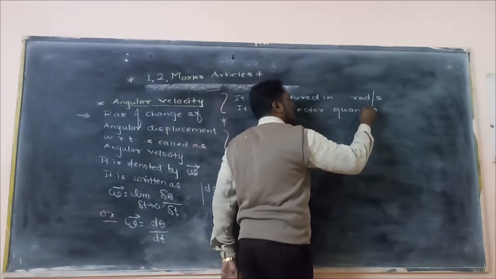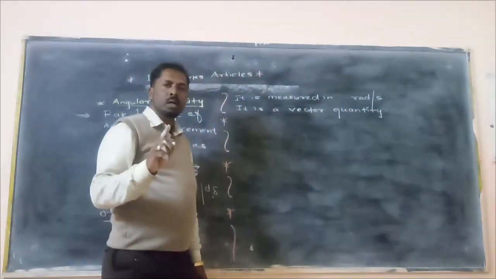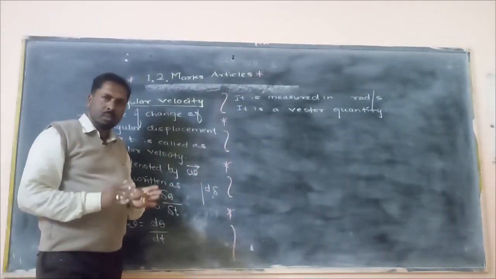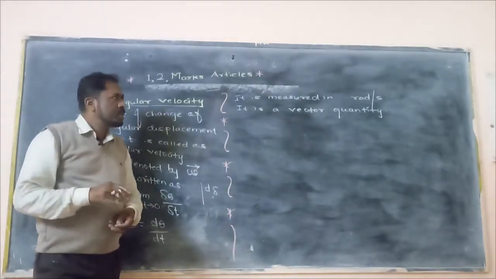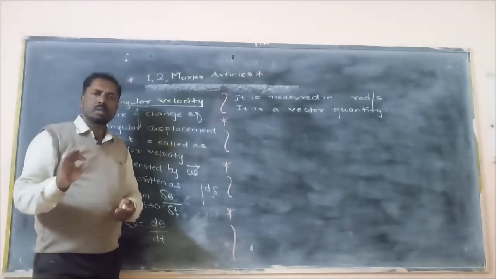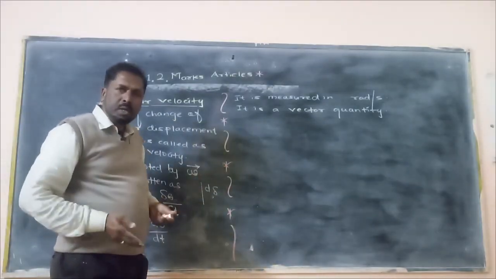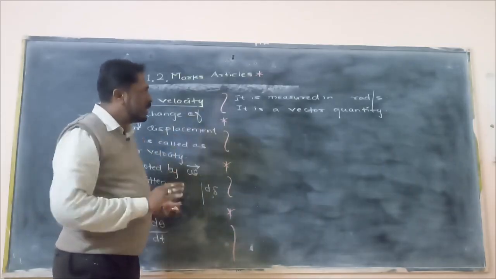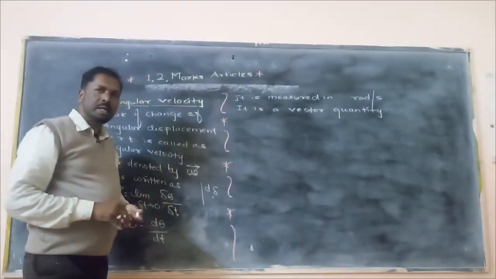These are the points sometimes asked for 1 mark, that what is the unit of angular velocity. We have the 1 mark place in our HSC board exam. Sometimes it may also ask what is the unit of angular velocity. Okay, which quantity angular velocity is, whether it is scalar or vector. Angular velocity, it is a vector quantity. What is its unit? It is measured in radian per second.